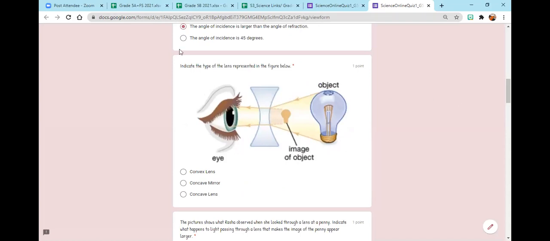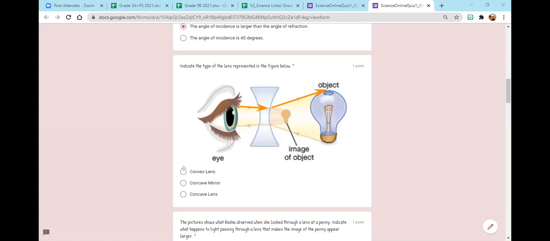Indicate the type of the lens represented in the figure. So look, light ray is coming this way and it goes this way. It goes away from the lens. Concave lens.